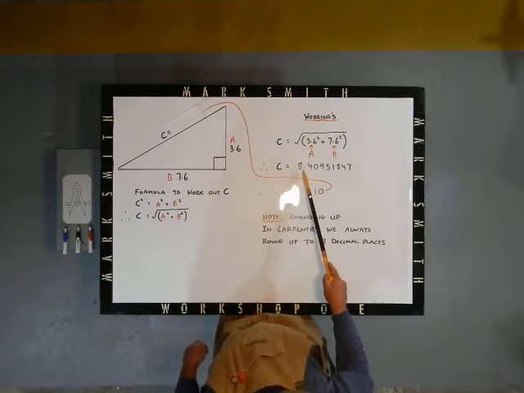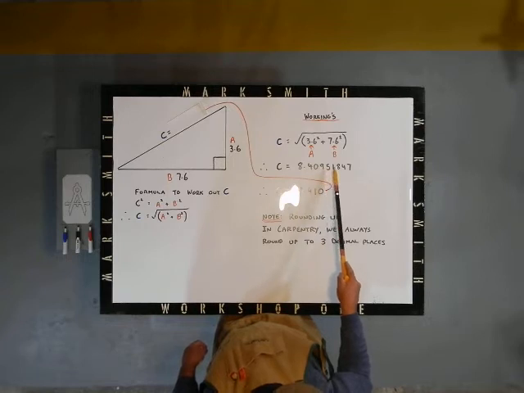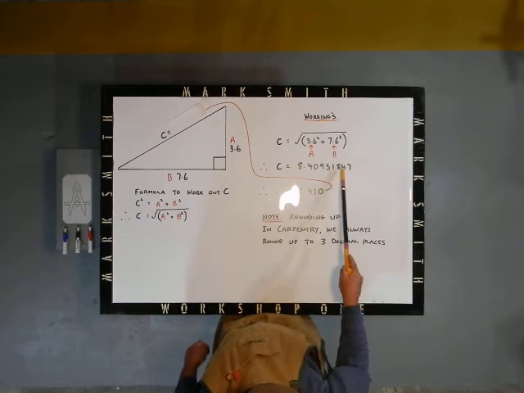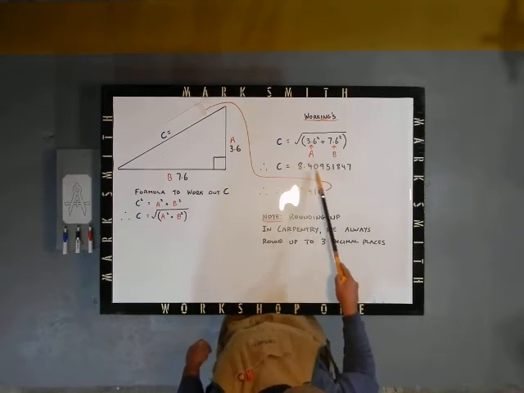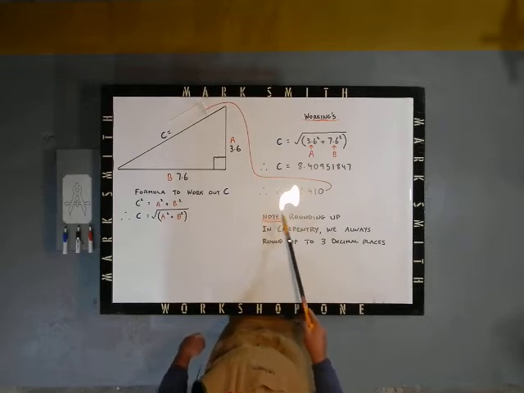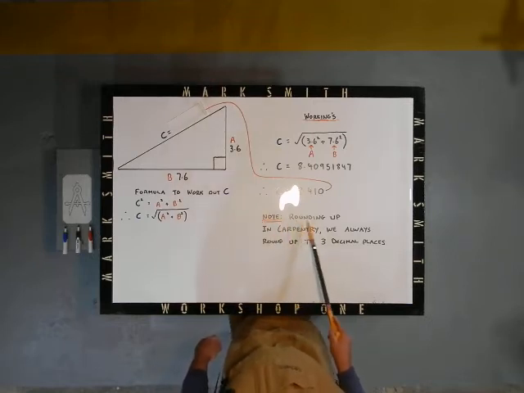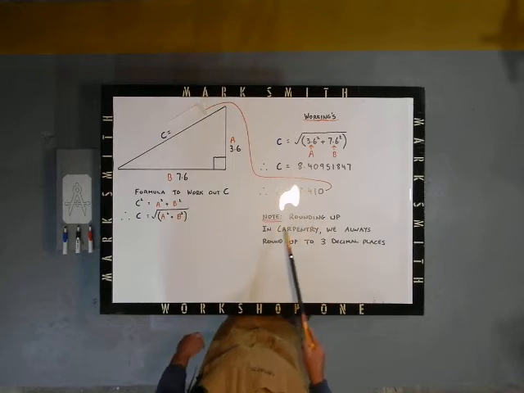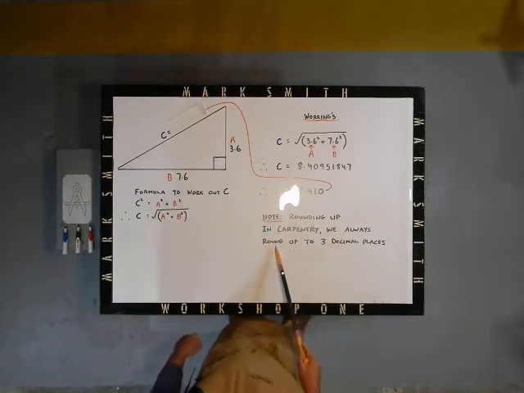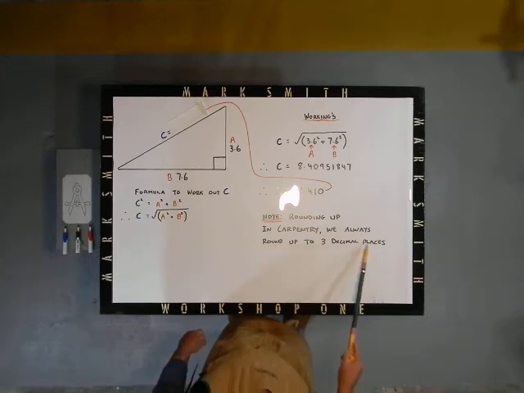And the answer you'll come up with is 8.409518447. So that number's too long. If we look at this note here, rounding up, what is it? In carpentry, we always round to 3 decimal places.